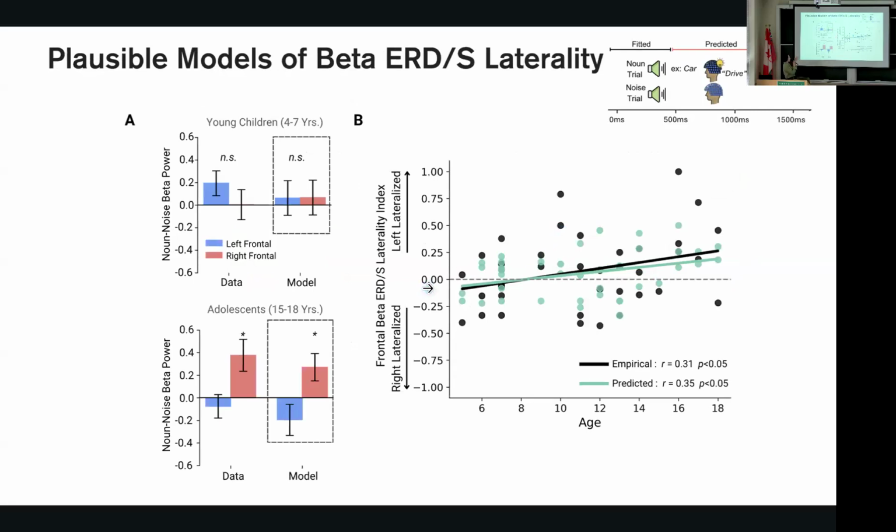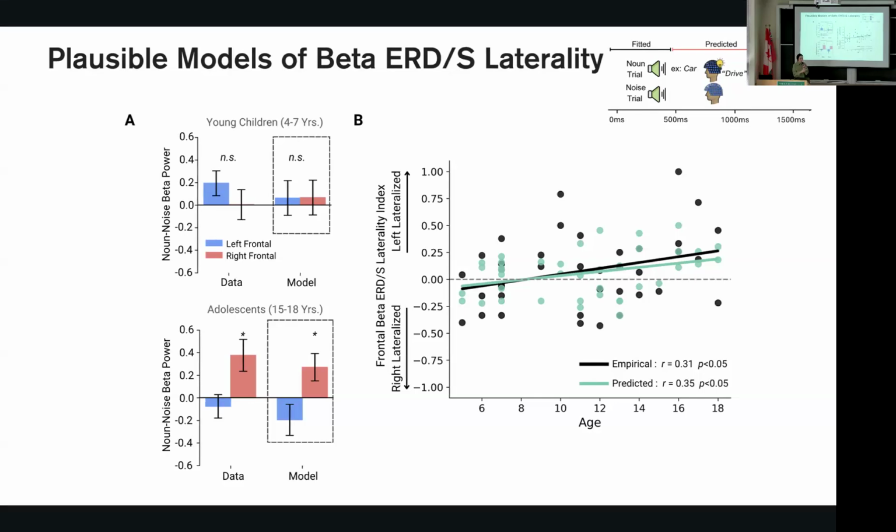And then we also computed a laterality index for each individual and saw if, across the cohort, the model could also capture that developmental trajectory of increasing lateralization with age. And it does. So what you see in the black line is the empirical trajectory of our data set, and in the green is what the model predicted.